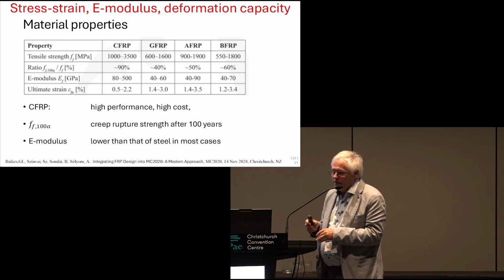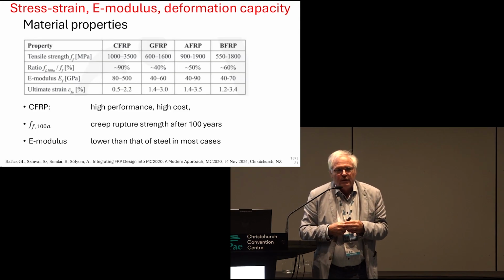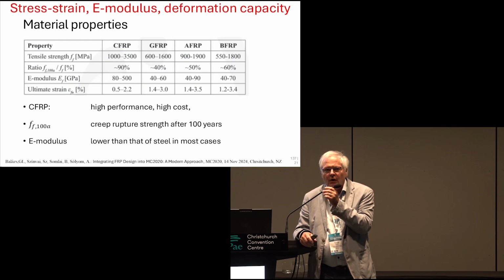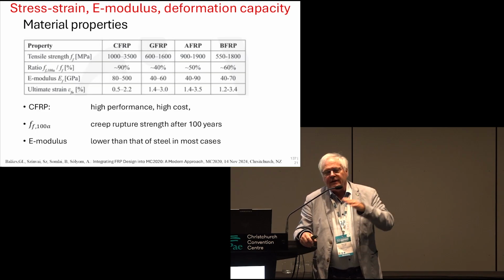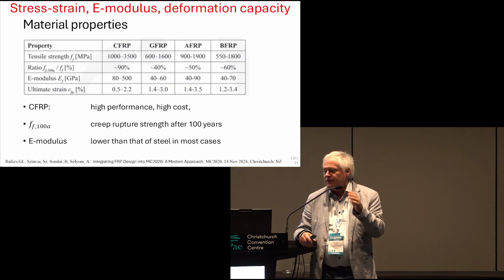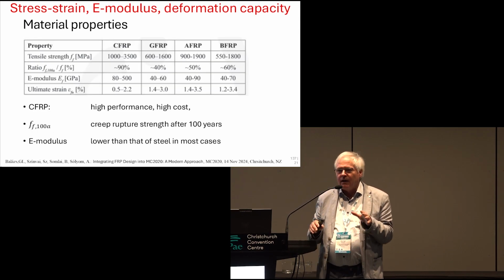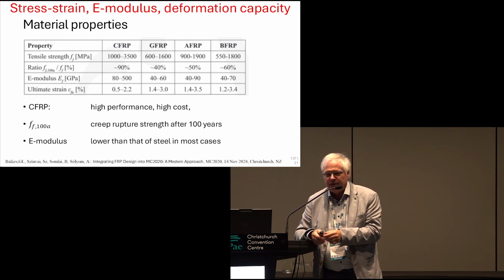The modulus of elasticity is well known: we can decide by the production the level of the modulus of elasticity. If you want to increase the modulus of elasticity, the ultimate strain will decrease. So you have to analyze, and the price also increases if the modulus of elasticity increases.